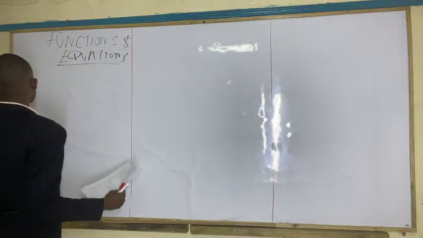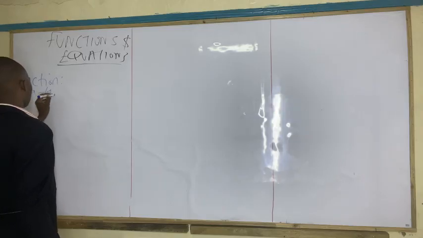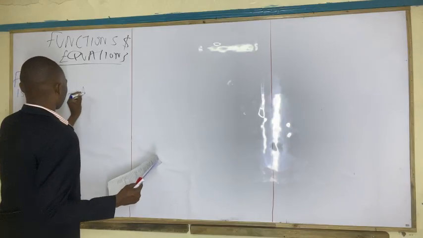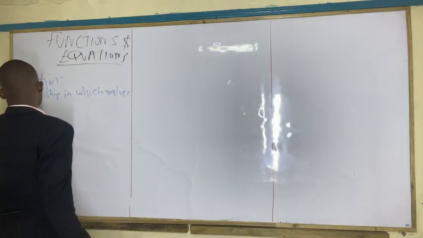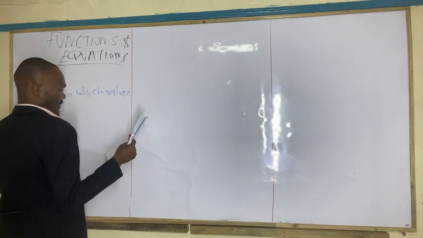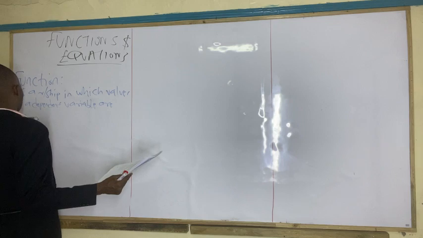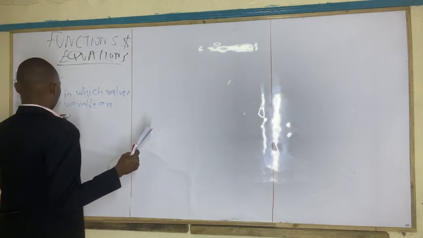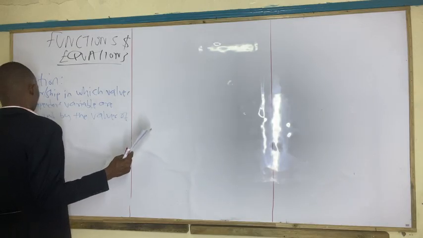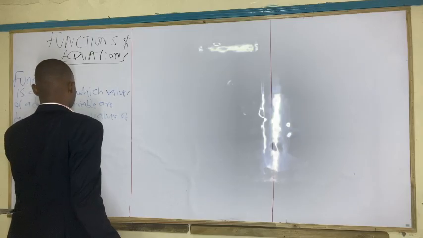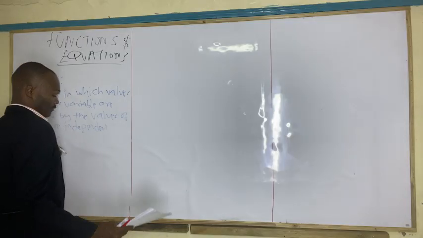A function is a relationship in which values of a dependent variable are determined by the values of one or more independent variable or variables.